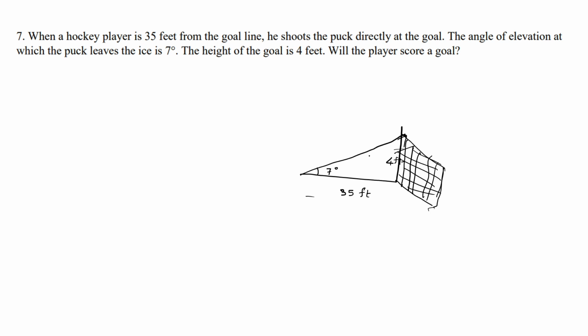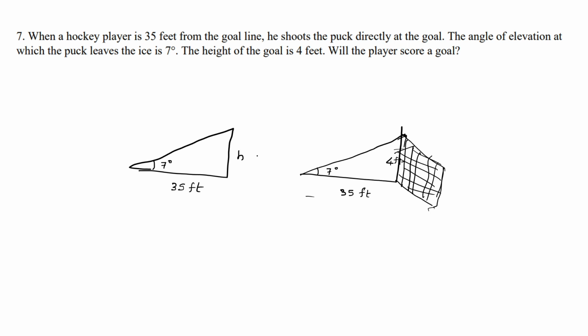So will the player score a goal? That means we just have to calculate whether the ball is going beyond this height or going below the height. We can just calculate this height. So assuming that we don't know this height, let the angle be 7 degrees and the distance be 35 feet.